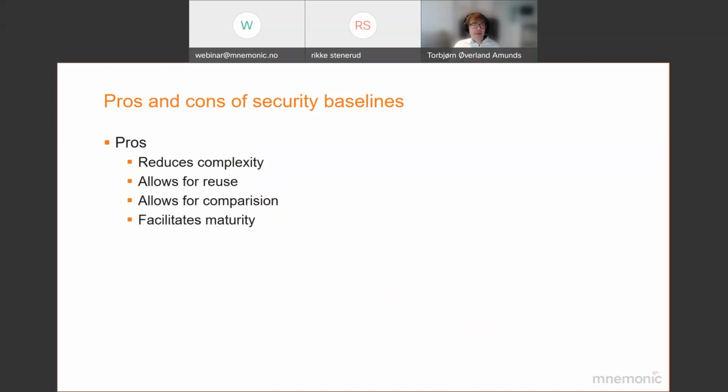And then in itself, using baselines facilitates maturity. And this is, of course, really important. If you simplify a little bit, you can say maturity can literally be defined as doing the same process over and over again and refining it. Then people would say, maybe, yeah, but every third party is unique and the context is unique, so it's not the exact same process.